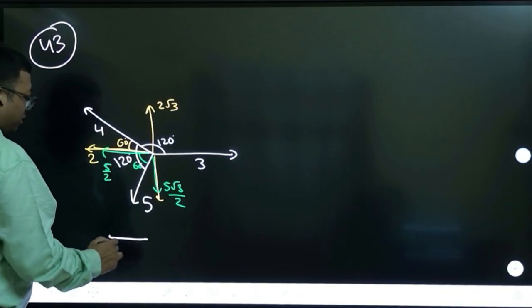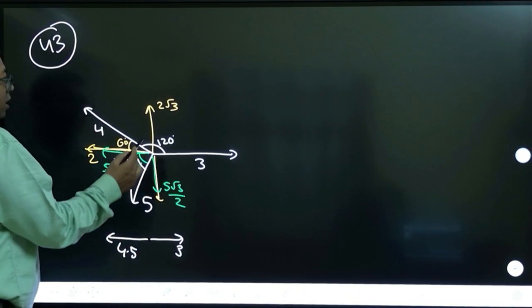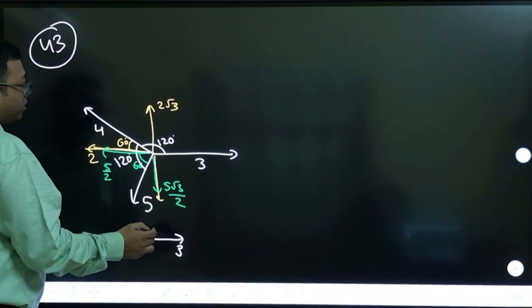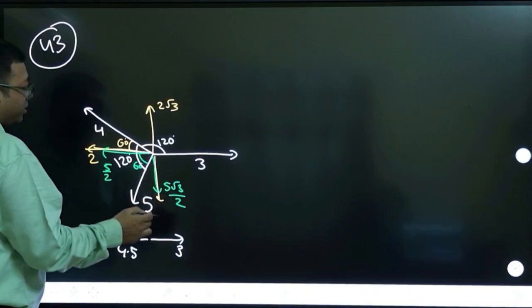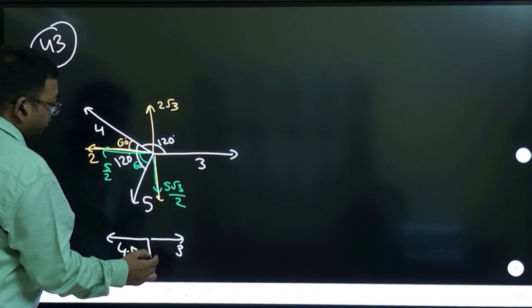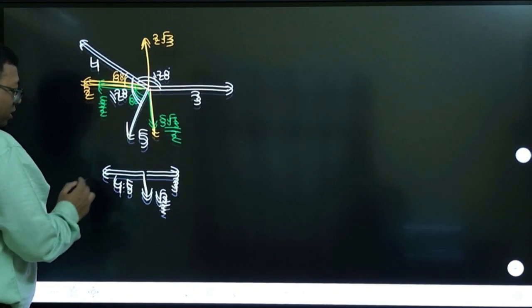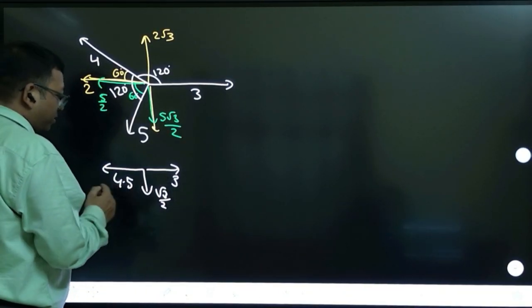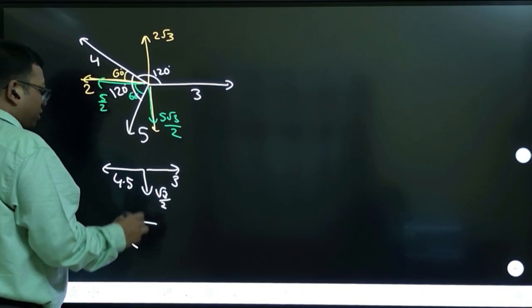So along this 4.5 comes, along this 3 comes, right? And here 2 root 3 is coming, here 5 root 3 by 2 is coming. Now calculate total. This is 4.5 and 3, so subtract this, you will get 1.5. That means you will get 3 by 2, correct?